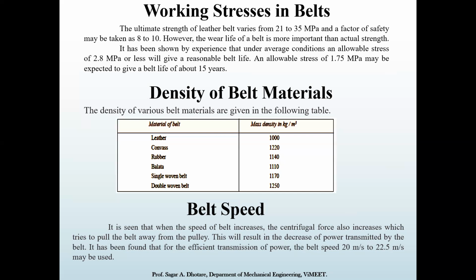The speed range of efficient power transmission is a belt speed of 20 meters per second to 22.5 meters per second, whether we are using a flat belt drive or different types of belt drives. So this is a standard and efficient belt drive system which we can use.